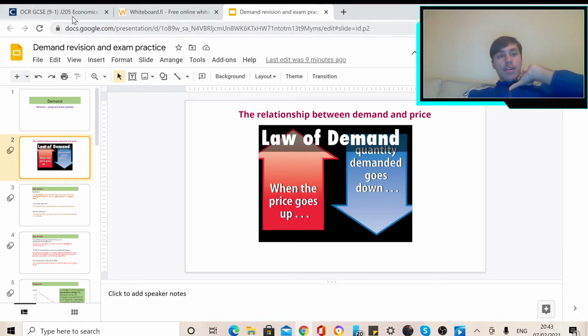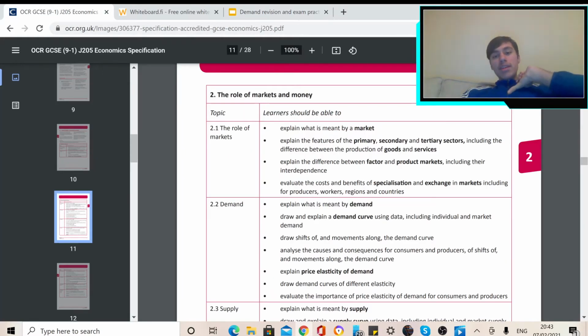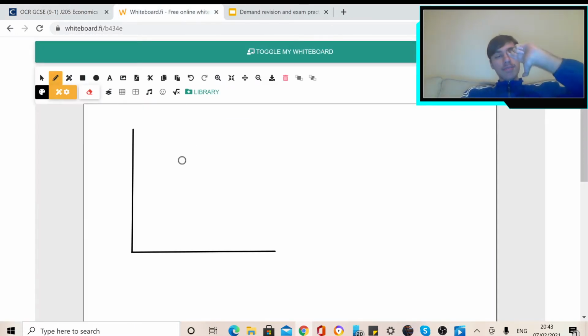Now, how do we represent demand? We need to be able to draw a demand curve using data, including individual and market demand. To plot a demand curve, I have this whiteboard here. Always on the y-axis you write price, and on the x-axis you always write the quantity of the product.